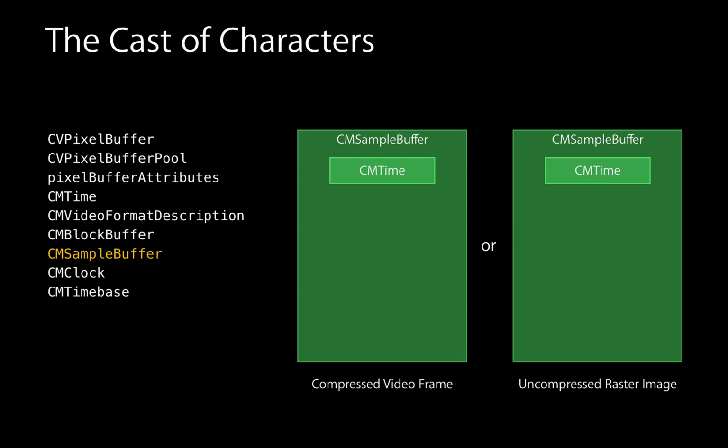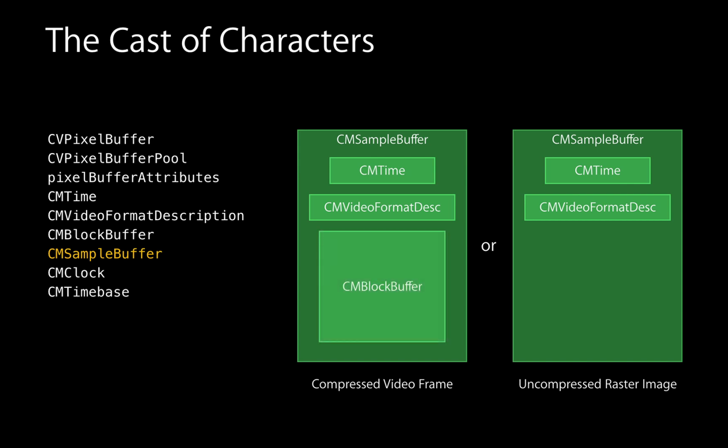This is the presentation time for the sample. They contain a CM video format description. This describes the data inside of the CM sample buffer. And finally, in the case of compressed video, they contain a CM block buffer. And the CM block buffer has the compressed video data. And if it's an uncompressed image in the CM sample buffer, the uncompressed image may be in a CV pixel buffer, or it may be in a CM block buffer.